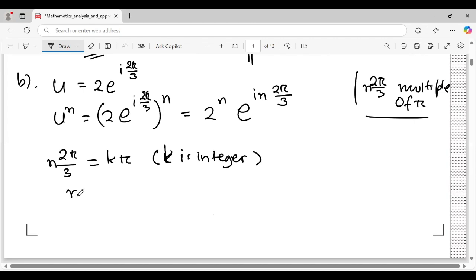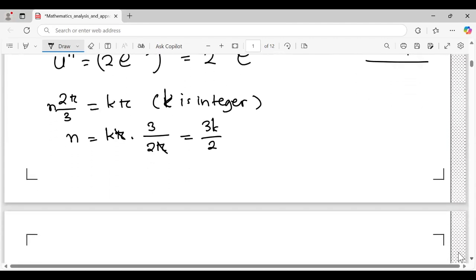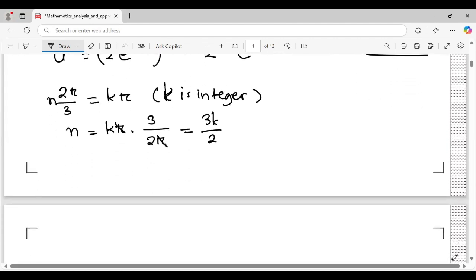So it means n we can state as k pi times 3 over 2 pi, right? So it becomes 3k over 2. And k must be an even integer.